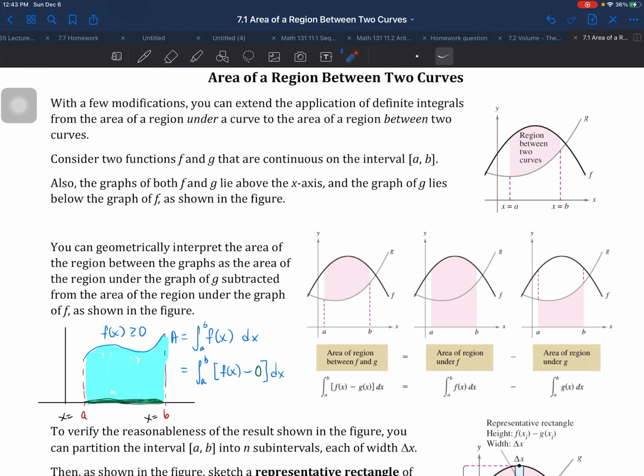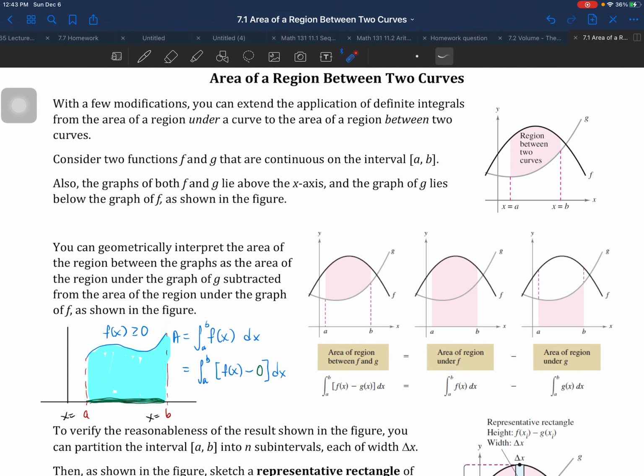Well, we know that to find the area under this curve and above the x-axis, it was always defined to be simply the definite integral from a to b of f of x dx.